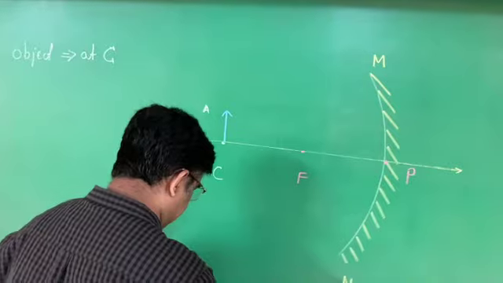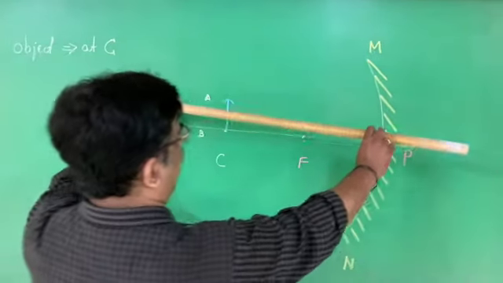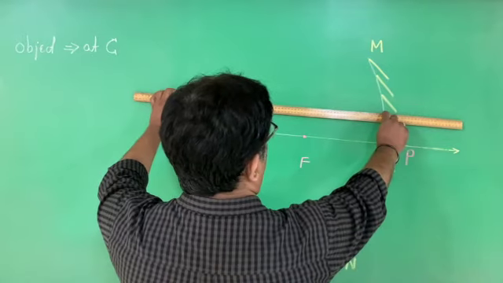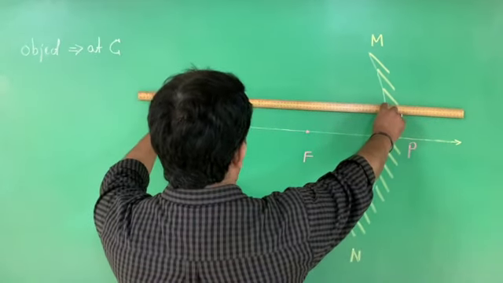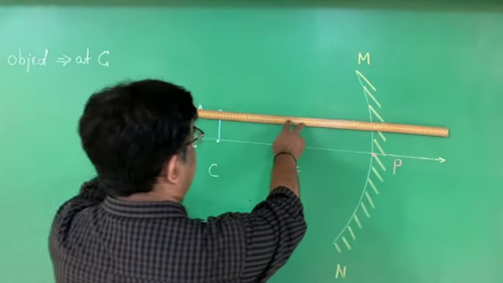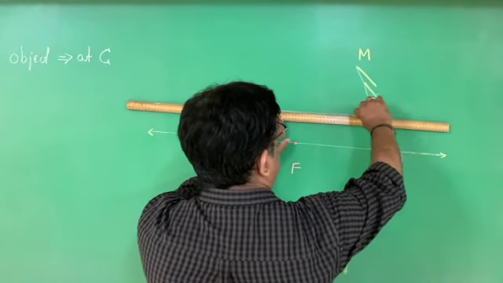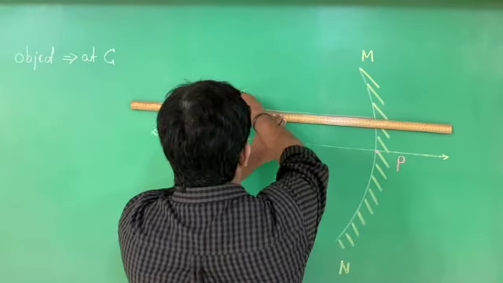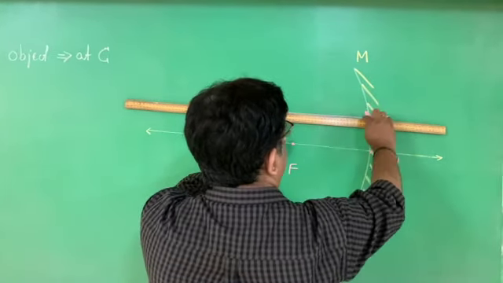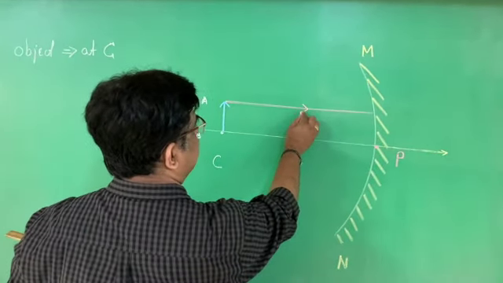First condition I do. The first condition is the ray of light which is parallel to the principal axis. From the point A, I draw a line parallel to the principal axis. This light ray is parallel to the principal axis.